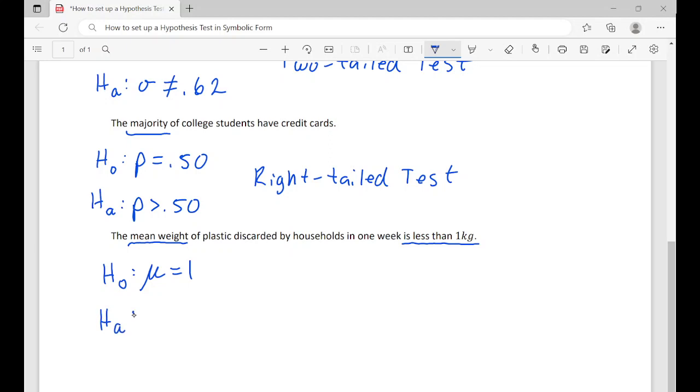Whereas the alternative, again, because it's the mean, we're using mu, and this says less than 1 kilogram, so less than 1. Now it's all set up, so what kind of tail test is it? In the alternative, it's less than, it's pointing to the left, so this is a left-tailed test.